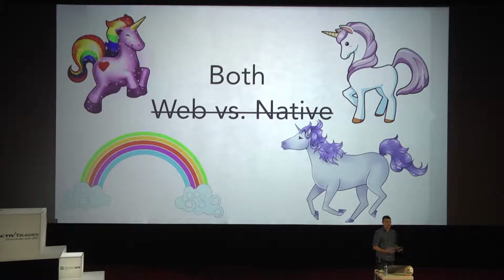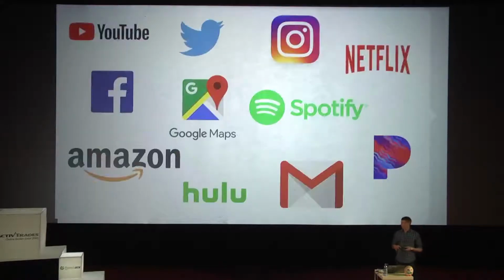I would also submit as an argument here, I'd like everybody in this room to take a second to think of like 3 or 4 services that you use on a day-to-day basis. So think of things that you use to watch videos or listen to music or social media or any of these types of services, maybe maps or whatnot. I would bet those services are probably available both on the web and as native applications.